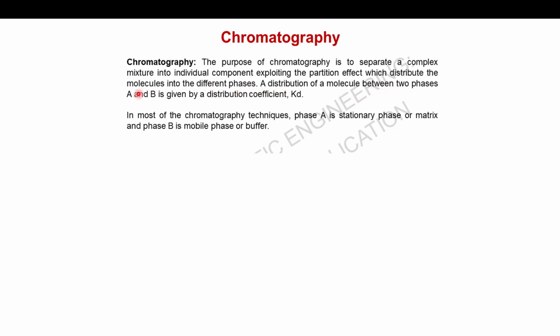Distribution of a molecule between two phases A and B is given by the distribution coefficient Kd. And in most chromatography techniques, phase A is a stationary phase, or matrix, and phase B is the mobile phase or buffer, right?